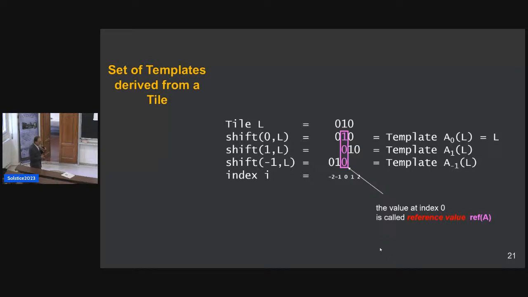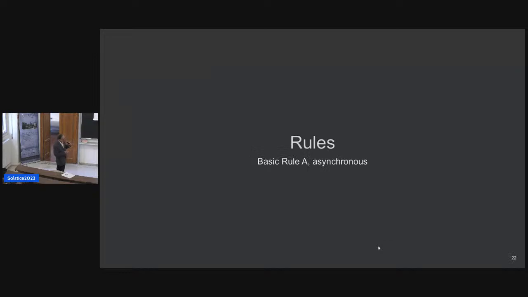And these templates are used as matching patterns. The center pixel is called the reference pixel, with a certain reference value. This is reference value 1, reference 0, and so on. In the middle of the template, of the shifted tile, this is the reference, the center. And now we come to the rules.